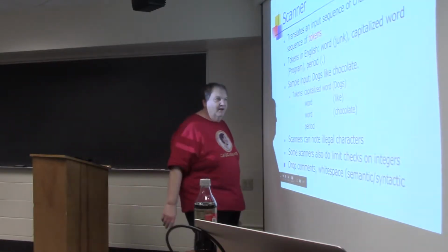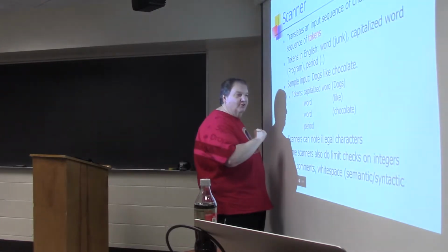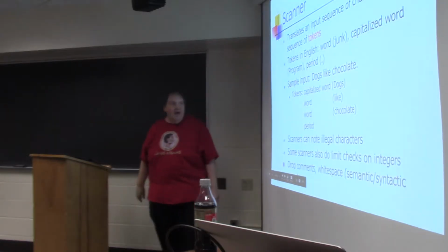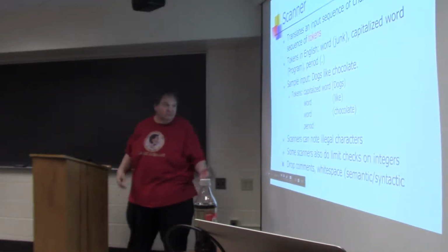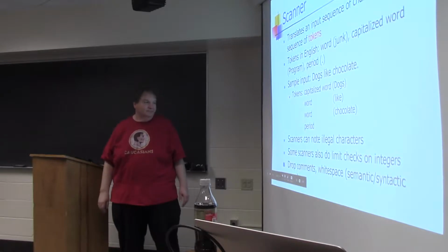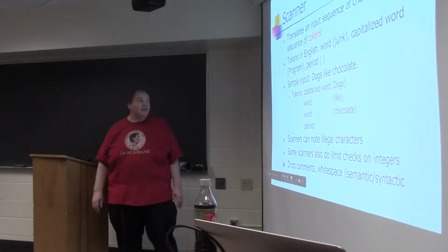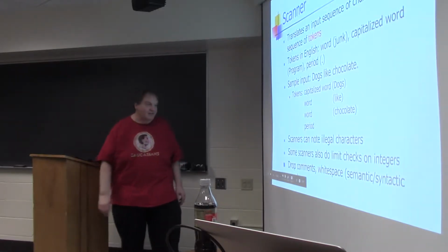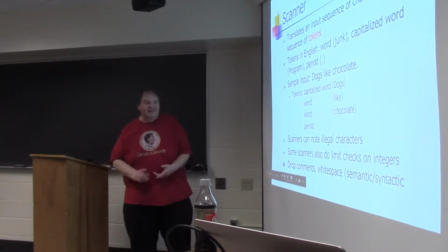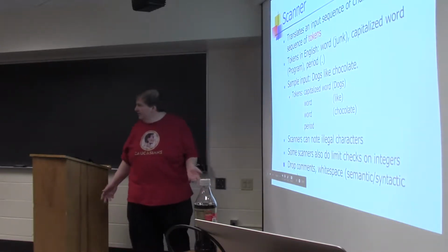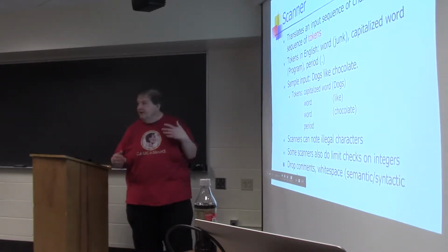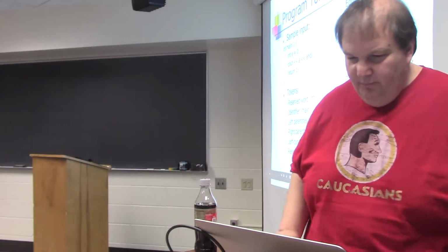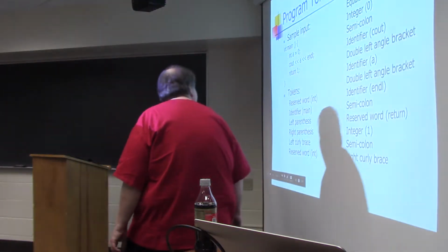This would correspond to a sequence of 4 tokens: a capitalized word dogs, a word like, a word chocolate, and a period. And that makes a legal English sentence as far as I can go. Okay, and so the scanner's job is to turn things into tokens. It's the parser's job to decide if that's a legal sentence. Okay, now scanners notice things like illegal characters, something you put in that doesn't belong there. Okay, and generally they're done, as you asked, with regular expressions.